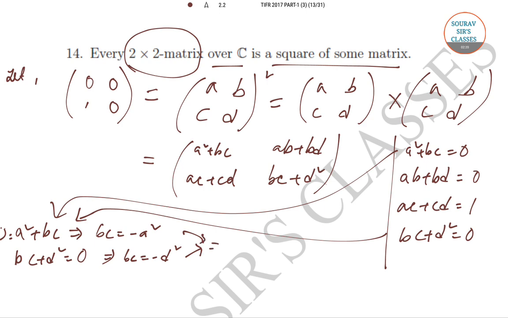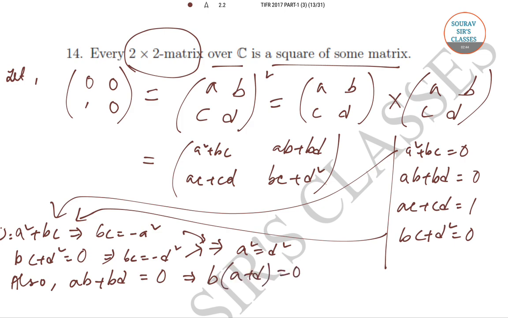This implies that A square is equal to D square. Also, AB plus BD is equal to 0 implies B of A plus D is equal to 0.